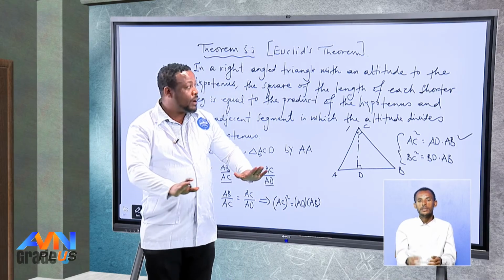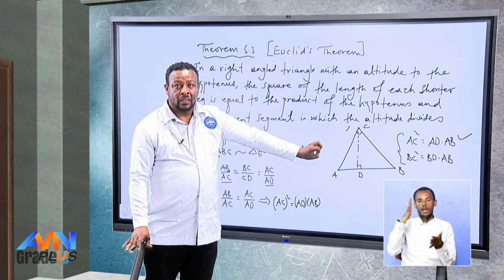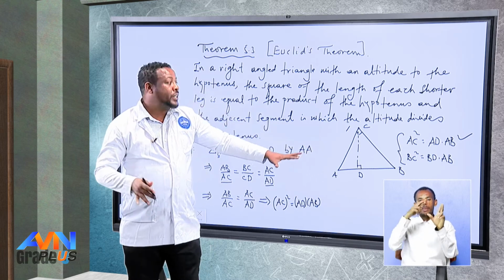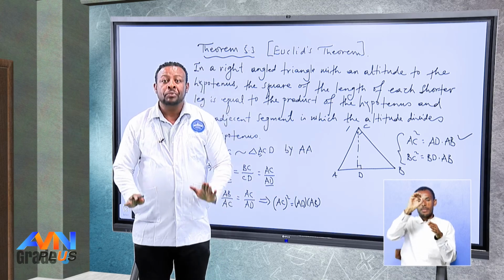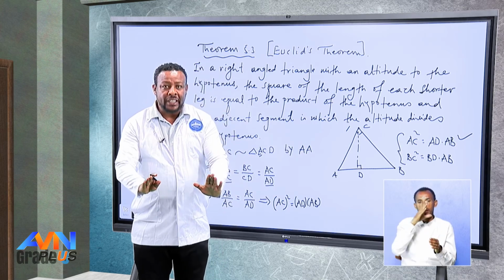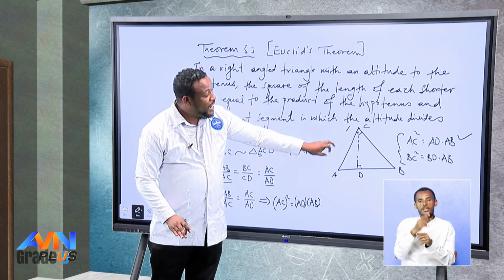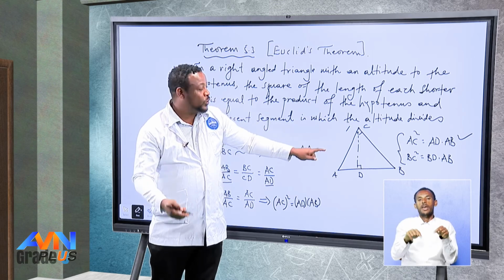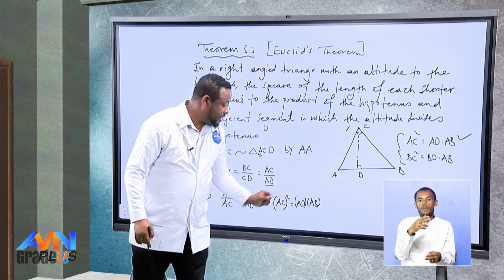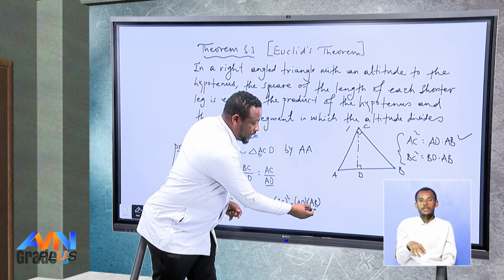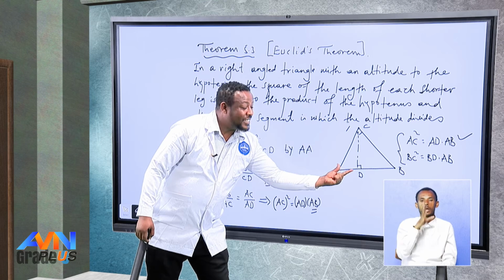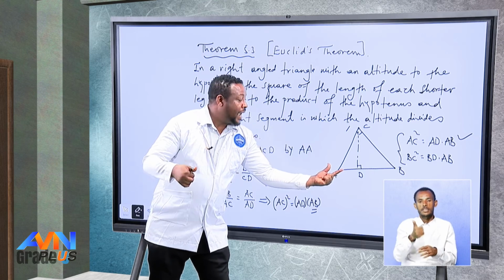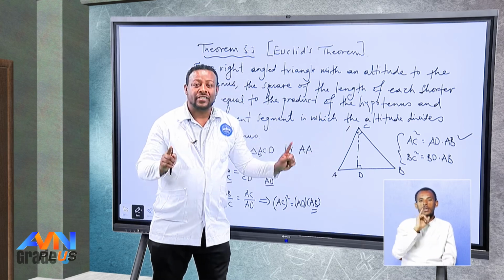So if we have this kind of triangle, a right-angled triangle with an altitude drawn from the 90 degrees to the hypotenuse, then definitely the square of each leg is equal to the product of the hypotenuse and the adjacent side. AB is the hypotenuse in this case. Look, AD is adjacent to AC, right?